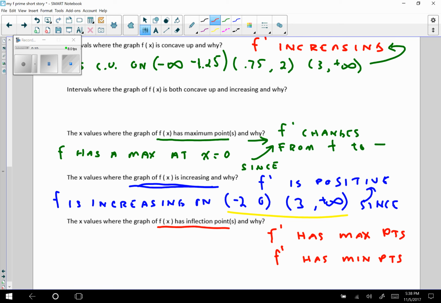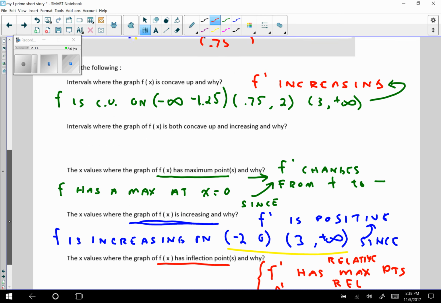You can say relative max and relative min. I will abbreviate the relative. So let's find out where f prime has a max point, because this is going to be the reason why f has an inflection point given the graph of f prime.